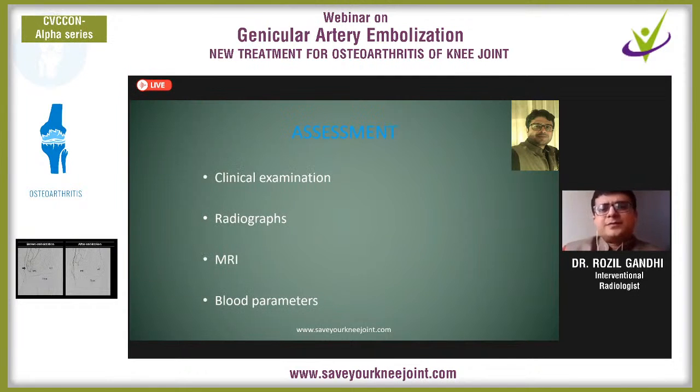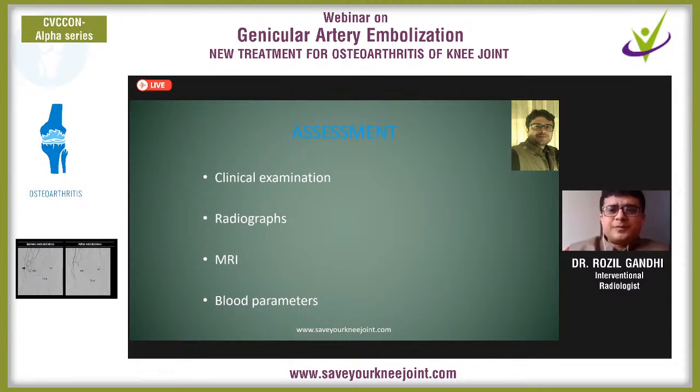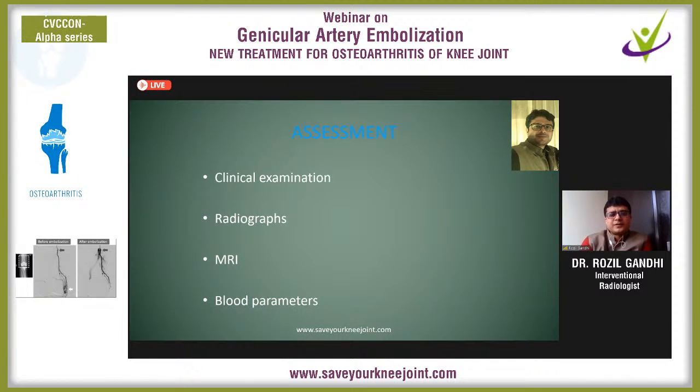How do we assess the patient? We assess the patient by clinical examination, check for the tender areas, ask history, what is the duration of pain, see how the patient is walking, take radiographs, AP and lateral, check for the scoring, severity of the osteoarthritis, get an MR study done before the embolization, and check for blood parameters.